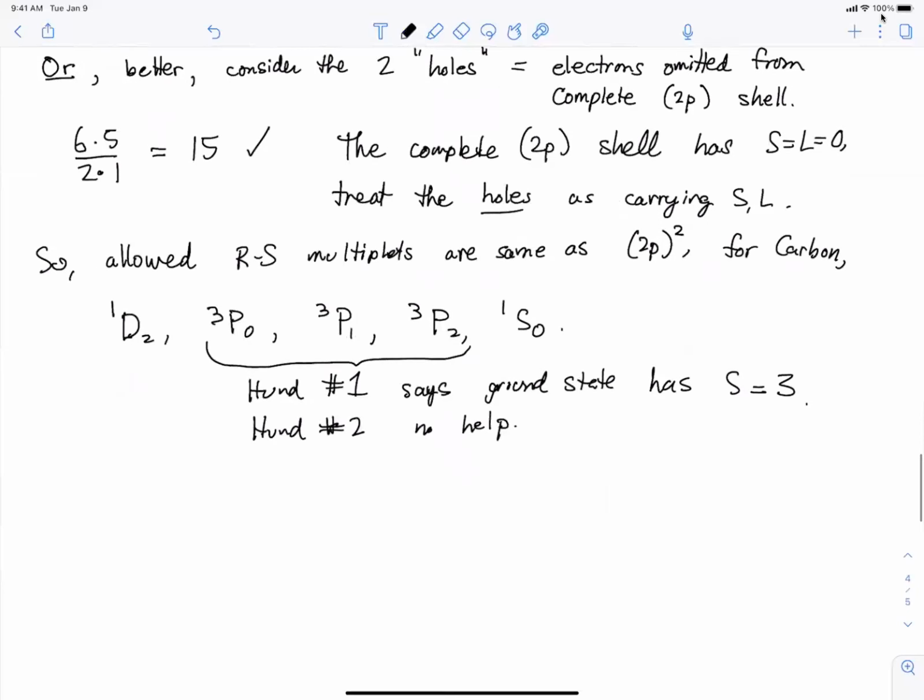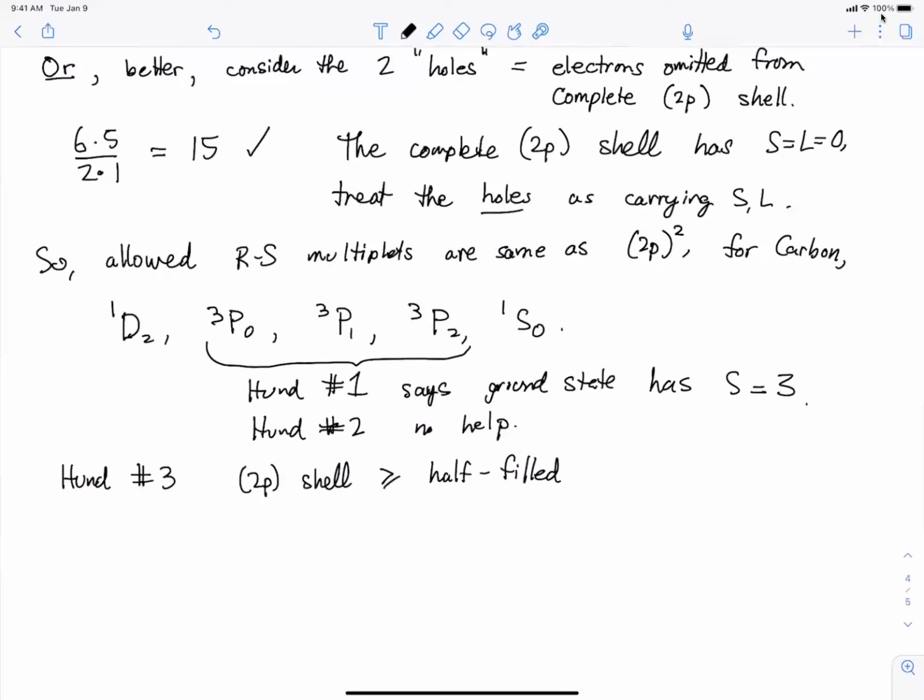And now for Hund's rule number 3, that's where we have to be careful because Hund's rule number 3 always applies to the electrons. It doesn't matter whether you are using this trick about talking about holes rather than electrons. So the 2p shell is still greater than or equal to half filled, even though we've been talking about the holes, which are less than half filled. It's always the electrons that count.